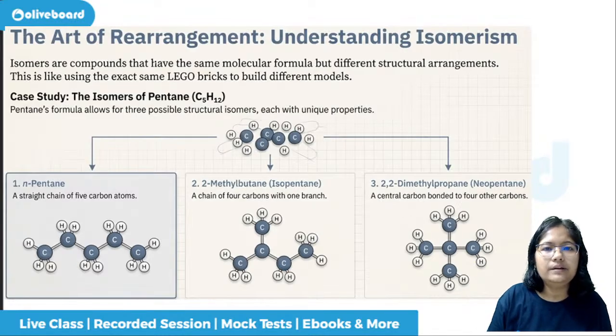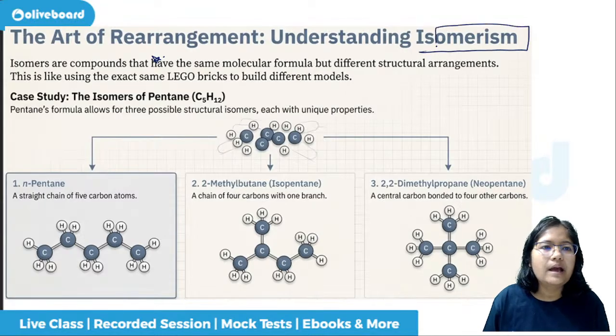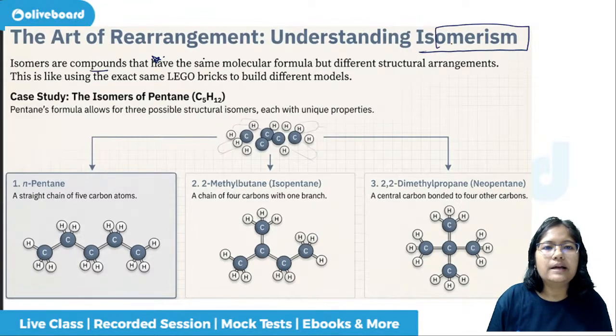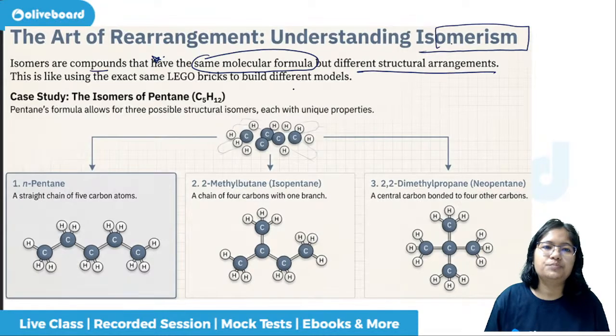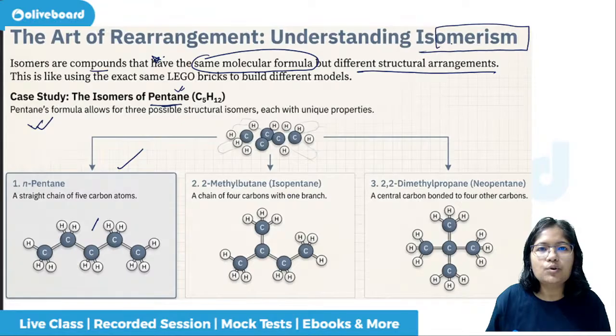Now coming to rearrangement, there is a concept of isomerism. Isomers are compounds that have the same molecular formula but different structural arrangements. For example, considering the isomers of pentane, it can be n-pentane, which is the straight 5-carbon chain, or it can be isopentane.